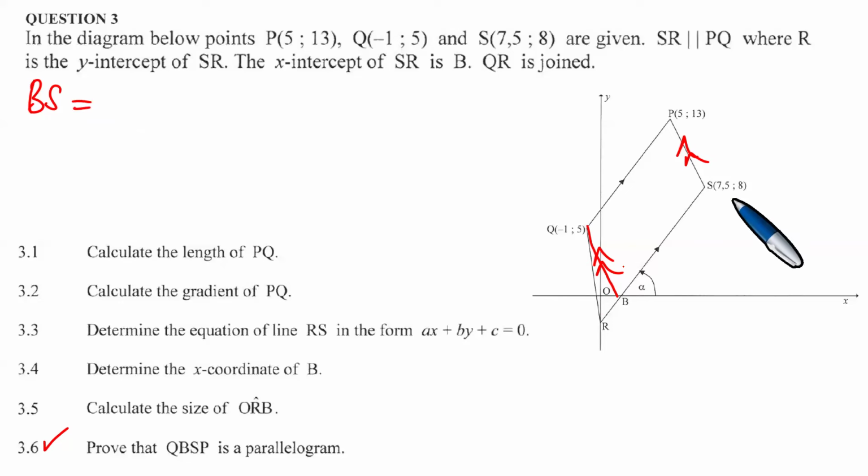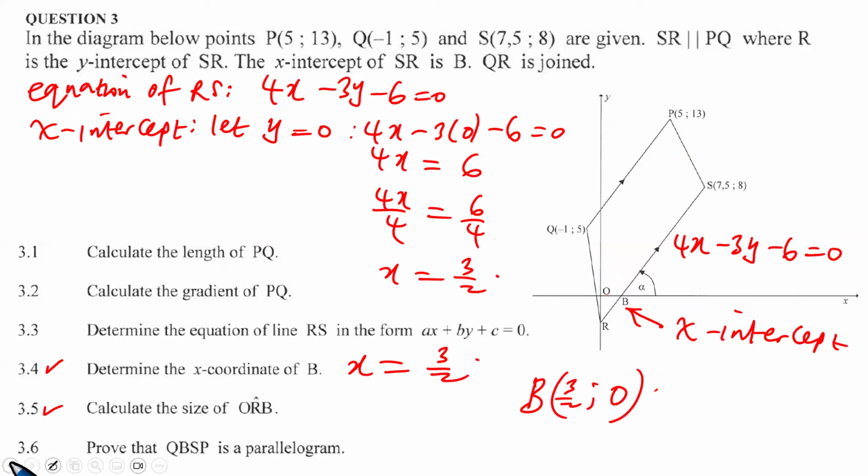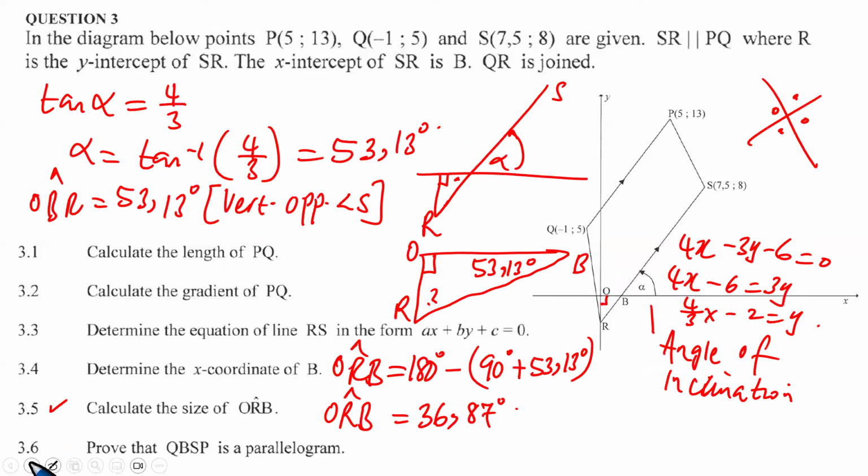The length of BS. We already know the coordinates of the point B. We found it previously. The coordinates of the point B are 3/2 and 0. And we take these to the next question.